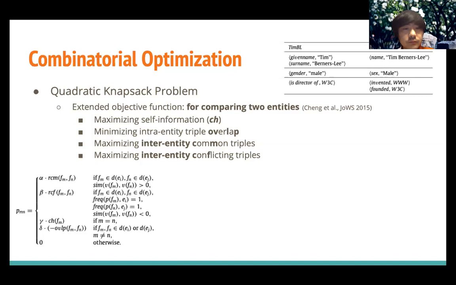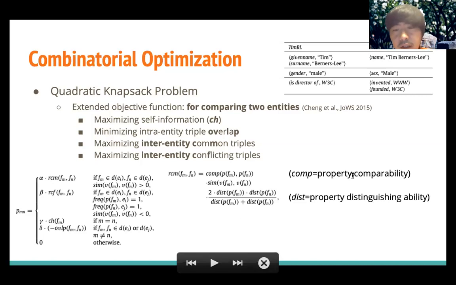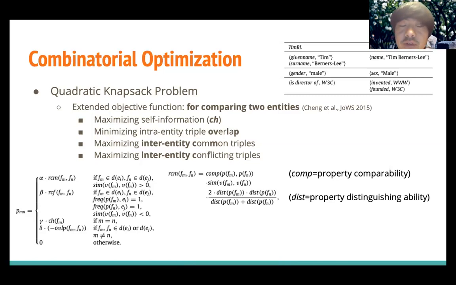But the basic idea is that firstly we need to align properties, right? We need to find out whether these two properties in two different triples are comparable to each other. If they are comparable, I mean, if they're equivalent or at least similar properties, then we compare their values.